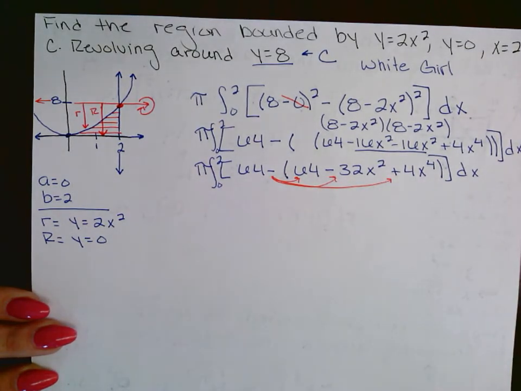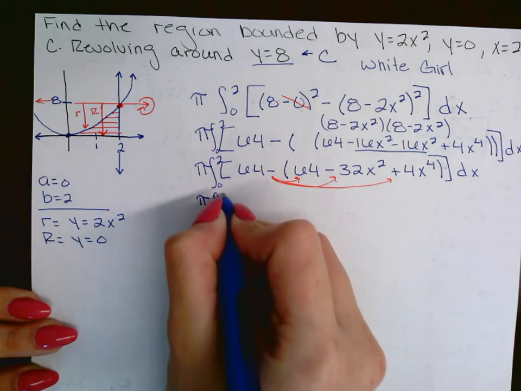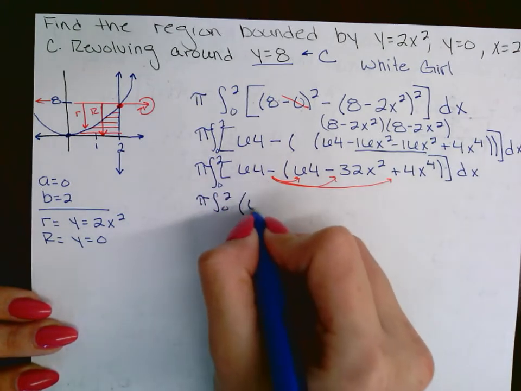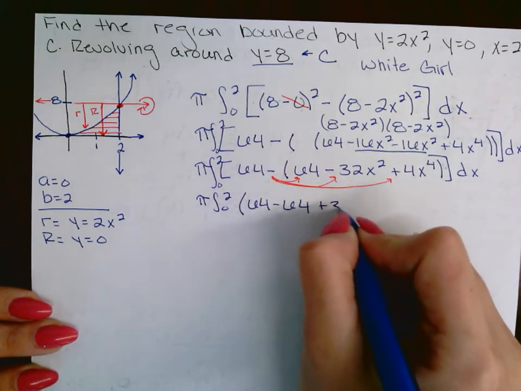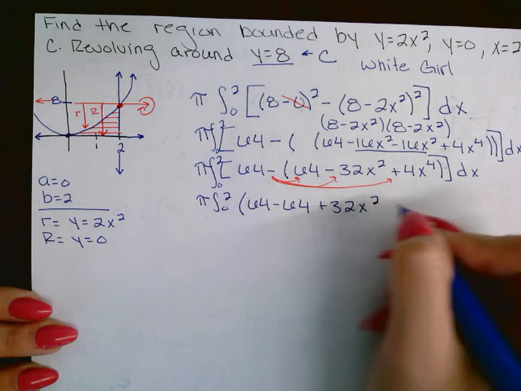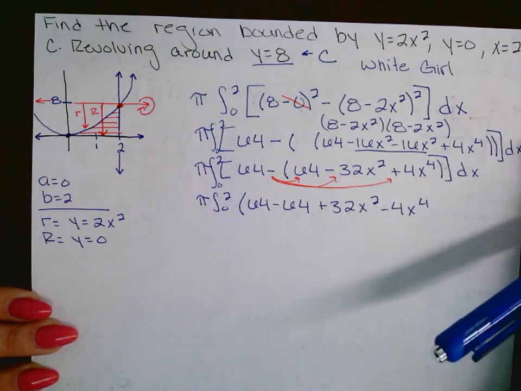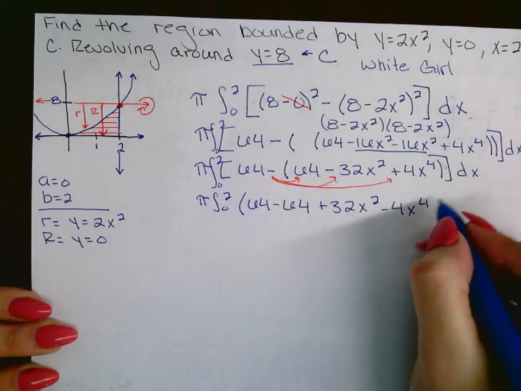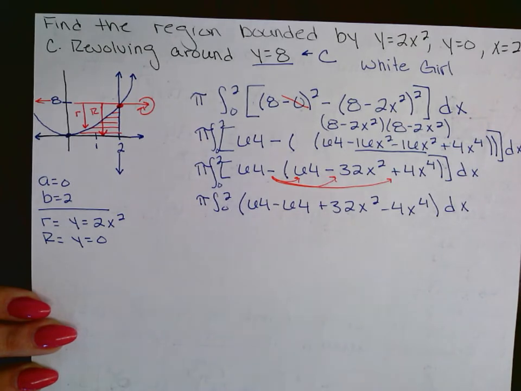All right, so now pi times the integral from 0 to 2 of 64 minus 64 plus 32x squared minus 4x to the fourth, okay? Now I know this looks really crazy, but check this out.